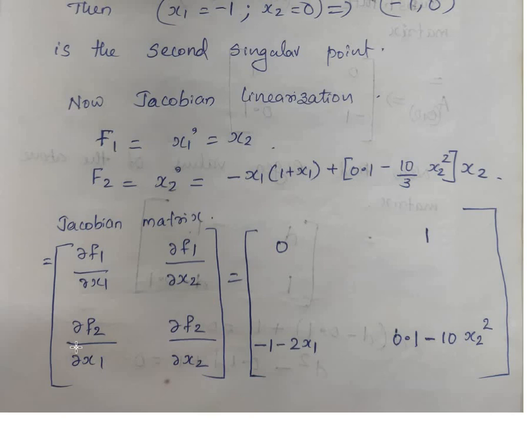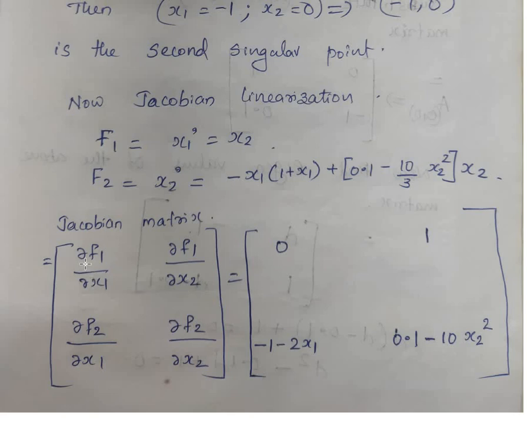The second row, first element is dou f2 by dou x1 and second element is dou f2 by dou x2. This means that in the first equation, that is f1, we have to differentiate the first function with respect to x1 and we have to write the value here.